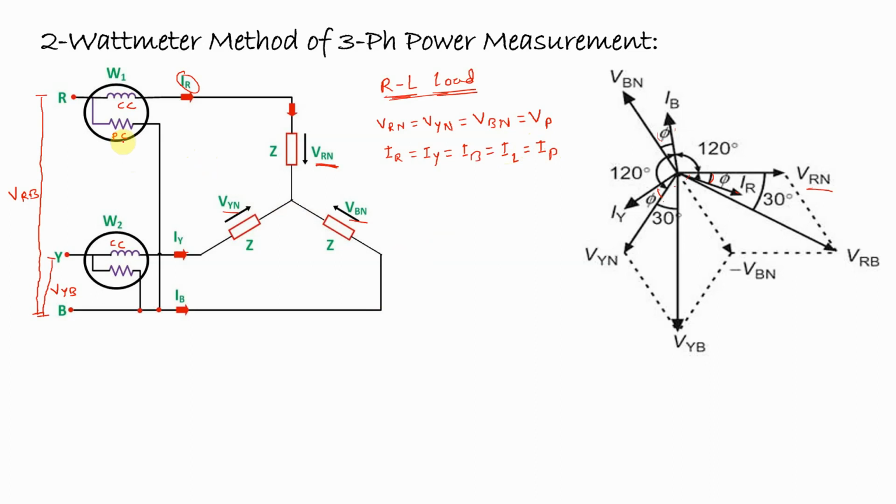Now, as we can see, the pressure coil of the first wattmeter is connected between R and B. Therefore, the pressure coil of the first wattmeter will read the voltage VRB. So VRB is the line voltage, and we know that the line voltage is the phasor summation of one phase voltage and one reverse phase voltage, that is VRN plus minus VBN.